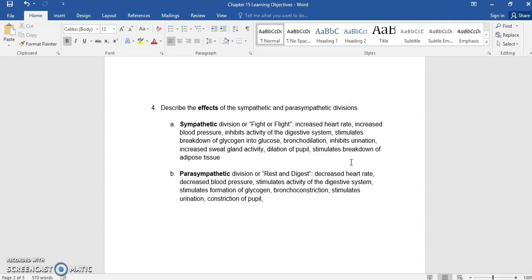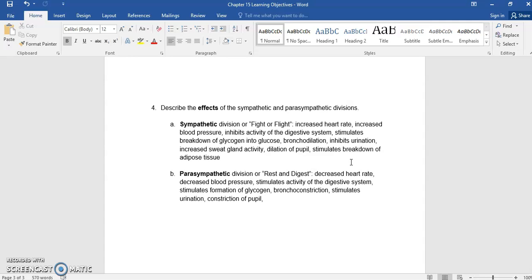So that's the sympathetic division effects. And then the parasympathetic division effects: when we're not exercising or stressed or scared, usually when we're in a familiar surrounding and not doing any work, just relaxing, then the opposite happens. Our heart rate goes down, our blood pressure goes down, our respiratory rate goes down.